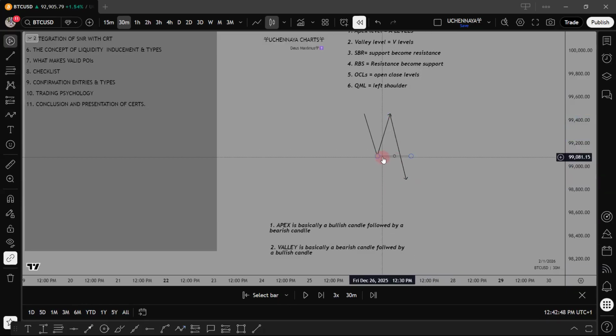Previously, it was a support that is supposed to sponsor another buy. But instead, it didn't hold price. So it is now sponsoring a new sale. Hope you guys are following. It is now sponsoring a new sale.